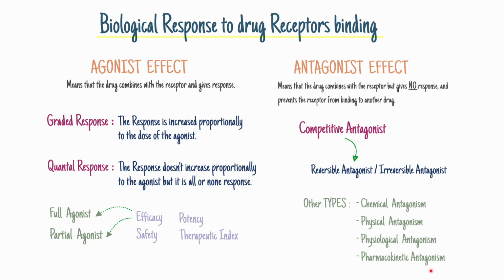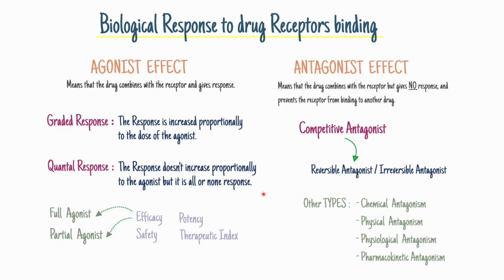Drug A gives it faster than drug B. That's why drug A is called more potent than drug B. When you read that, for example, this drug is more potent than that drug, it means that the drug that is more potent is able to reach 50% of the maximum effect at a low concentration compared to the other drug.